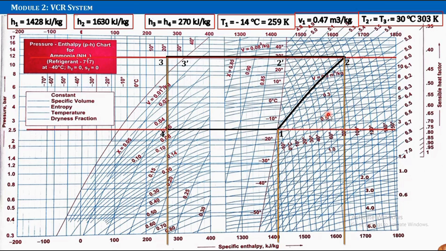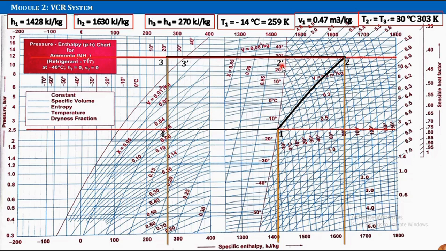This line is 0.45. My point 1 is near 0.45, but just before that, it is not exactly equal to 0.45. So I'll take that as 0.47 meter cube per kg. So V1, the specific volume, equals 0.47 meter cube per kg.